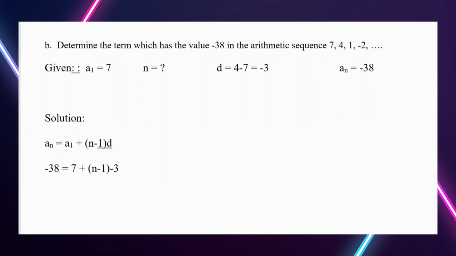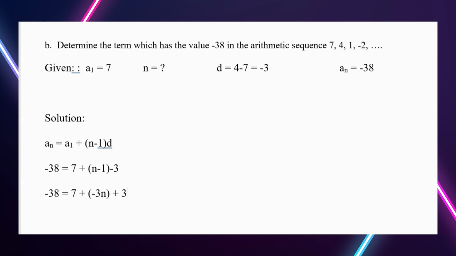Okay, so negative 38 now is equal to 7. So apply natin ang distributive property na kung saan negative 3 times n is negative 3n. Then negative 1 multiplied by negative 3 is positive 3.